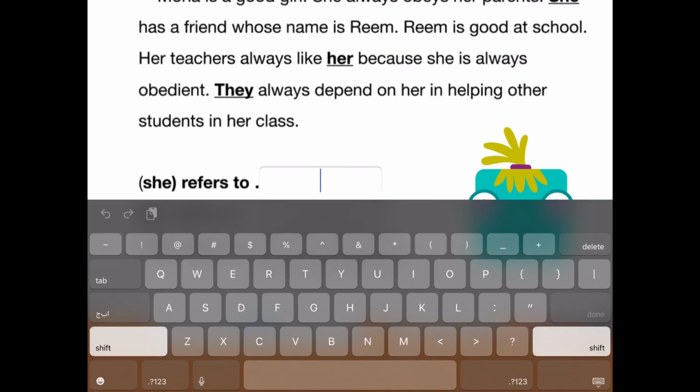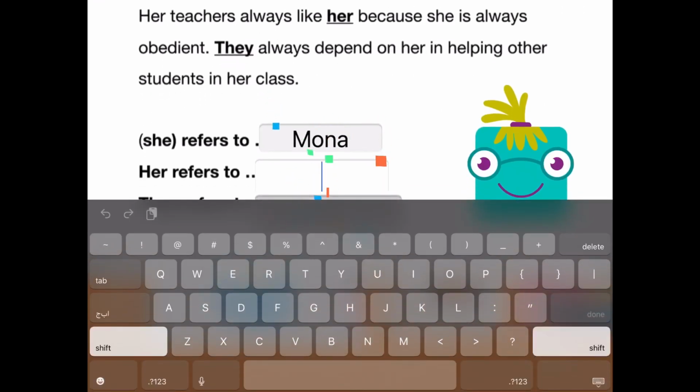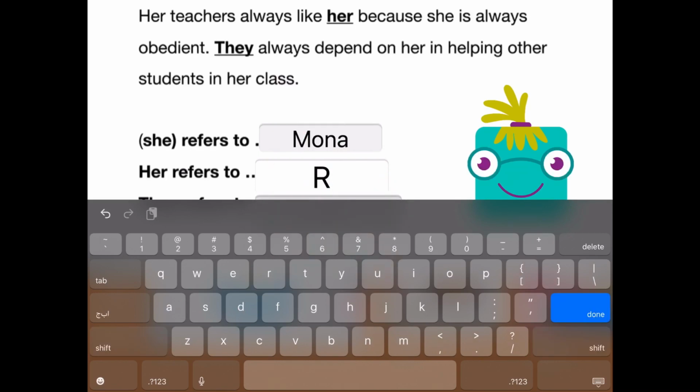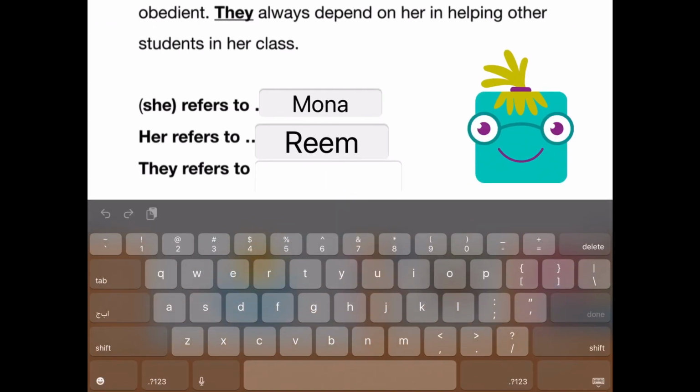Mona, yes, very good. She refers to Mona. Reem, yes, excellent. Her refers to Reem. Teachers, yes, very good. They refers to the teachers.